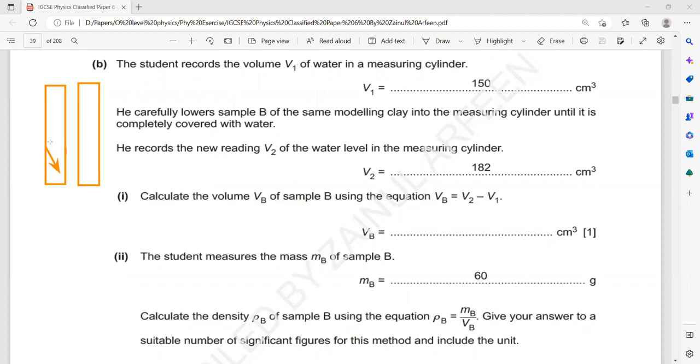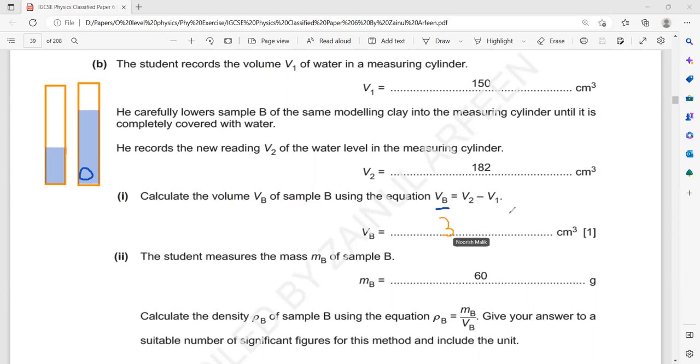So first there's the volume of the liquid and then the volume of the liquid plus the modeling clay, and then took the difference to get the volume of the modeling clay. You can use the screen annotation just to complete. What is VB? The difference.